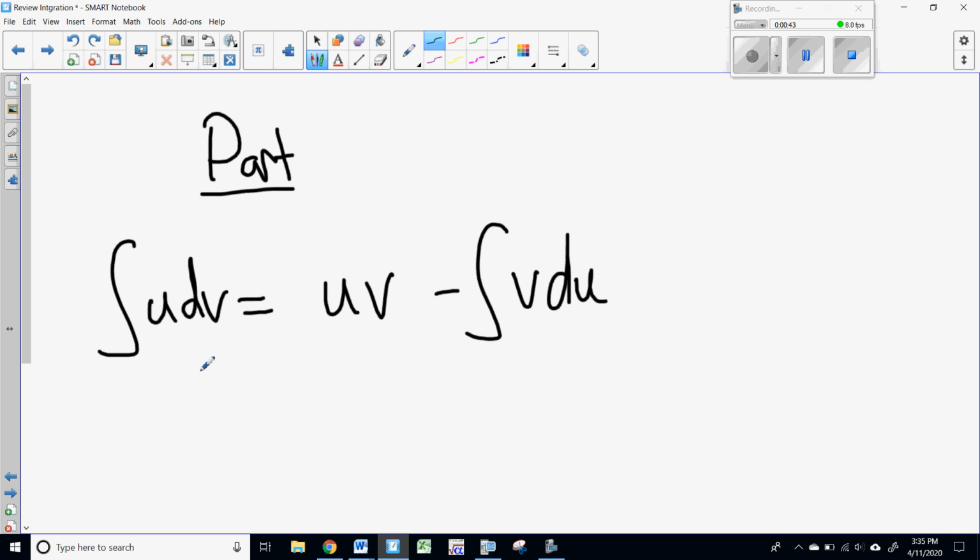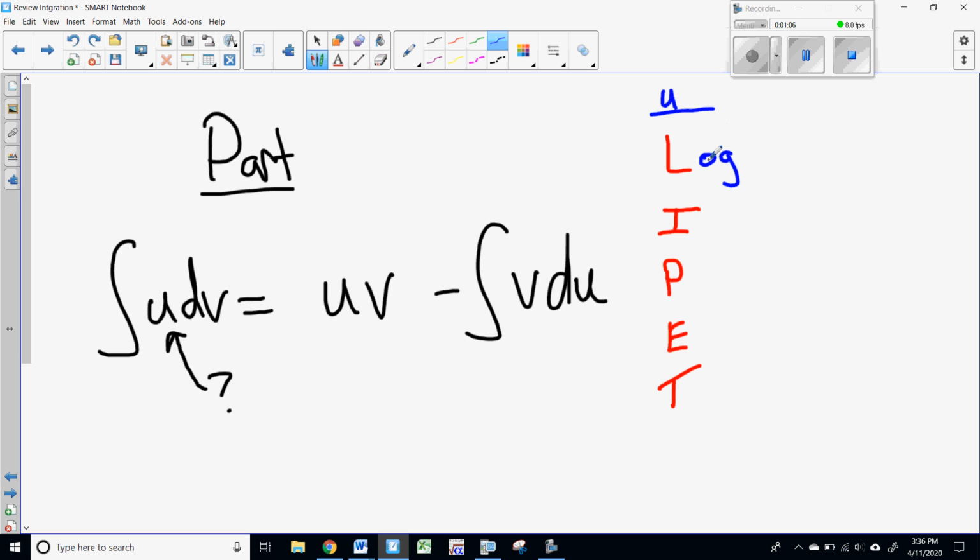And so the big question becomes, how do we pick the u? When we did our u before, we had a saying that helped us pick what we wanted to use, and it was LIPET. The first thing for picking our u was logarithms.